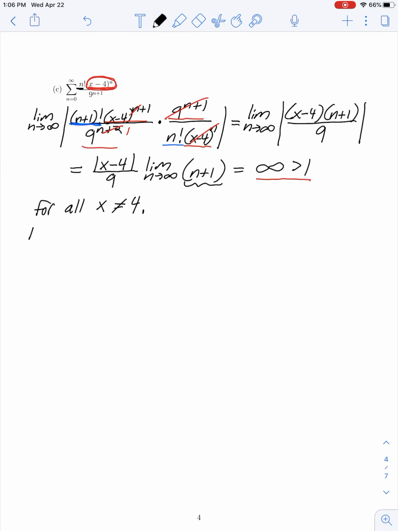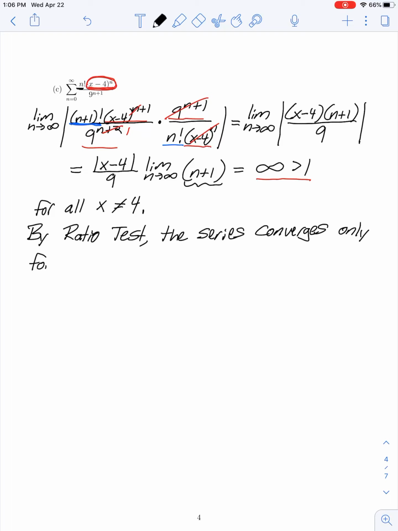So by the ratio test, the series converges only for x equal to 4.